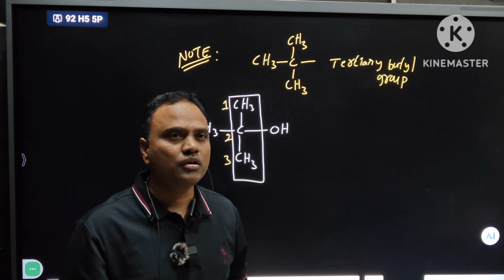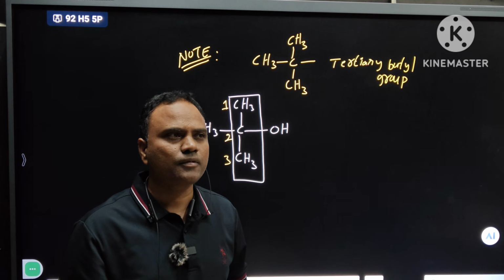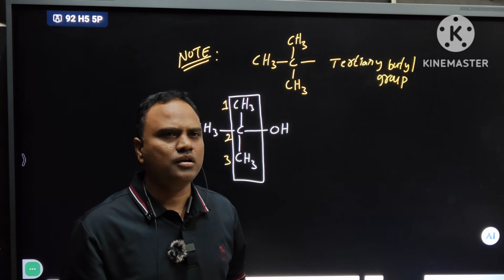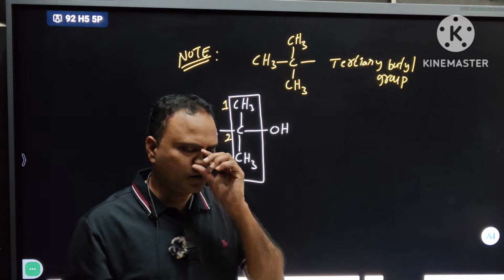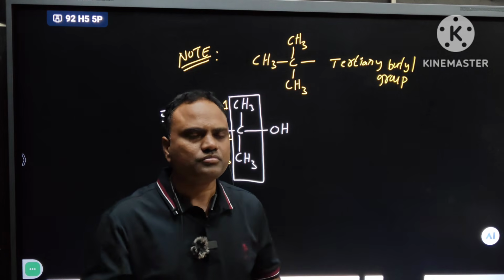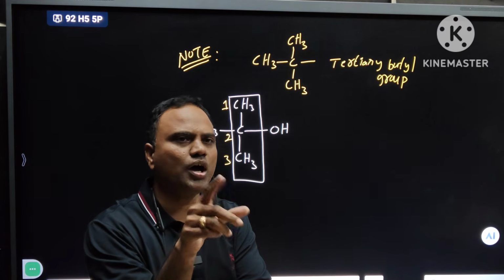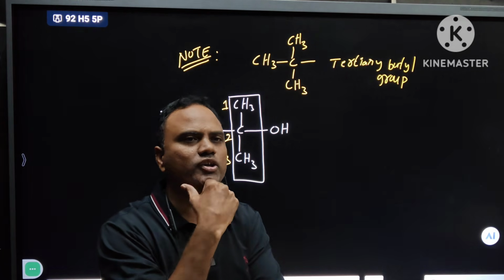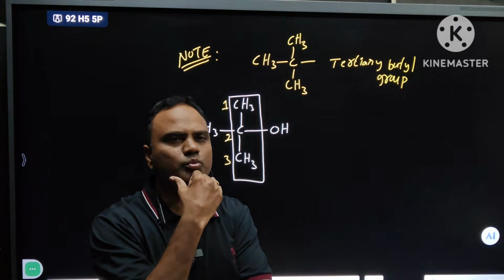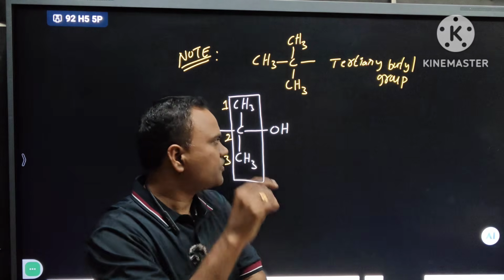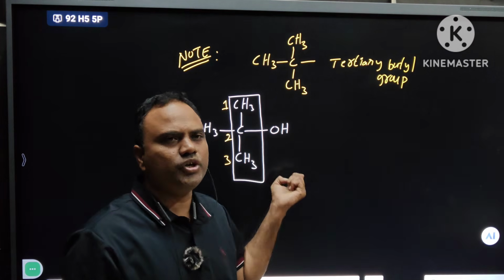Alcohol, sorry, yeah, correct, but while selecting the carbon chain we include carbons in the chain only, according to the IUPAC rule. You asked one good question: why am I not including this OH?